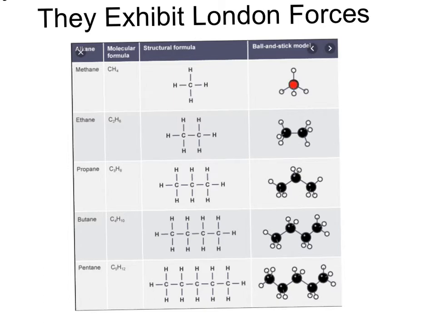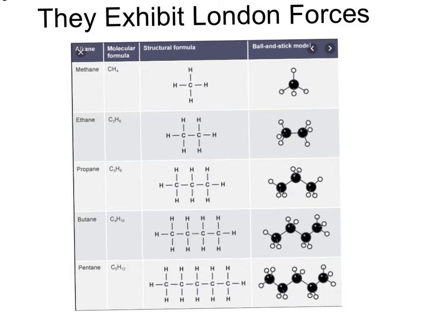You have black carbon in the middle, and then the white circles represent hydrogen, and this is supposed to look like it's 109.5 degrees. In the case of ethane, you've got 2 carbons. Eth means 2, meth means 1, prop 3, but 4, pent 5. Ane tells you there's no double or triple bonds.